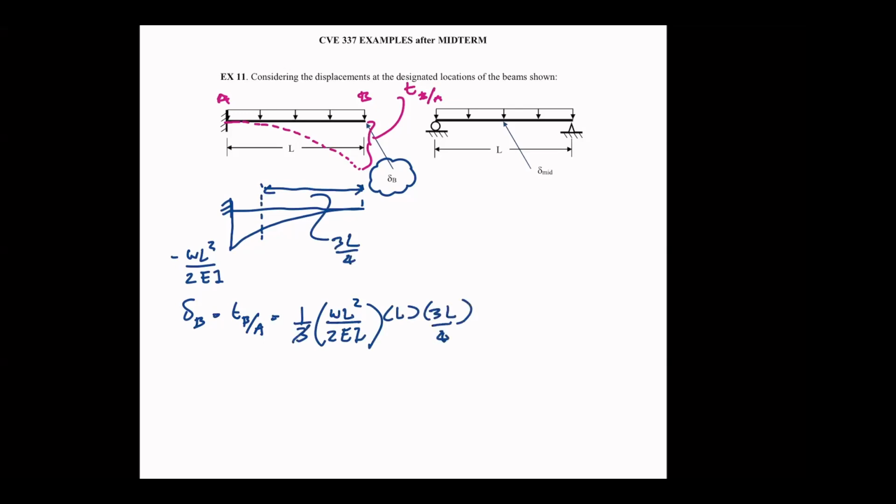So 3 is gone. Now you have 4L and then 2 multiplied by 4, that's 8. So it's in fact WL to the power 4 over 8EI.